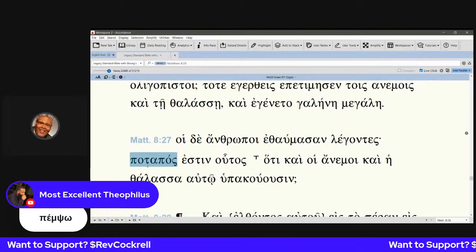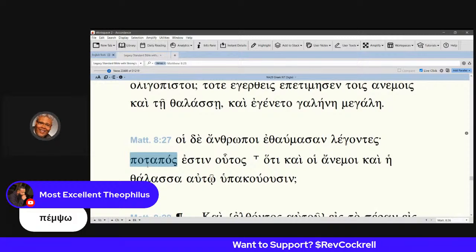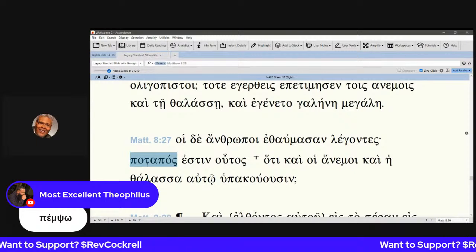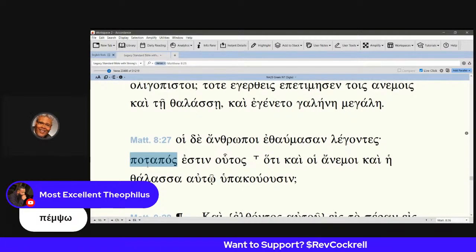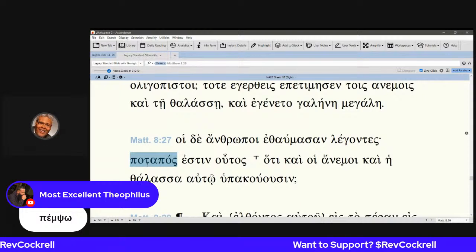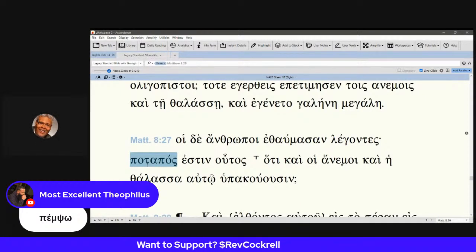What place is he from? That even the winds and the sea hupakouousin, that the seas and the waves are listening to him, which akouo can mean to listen and to obey. What kind of man is this that the winds and the sea listen to and obey him?